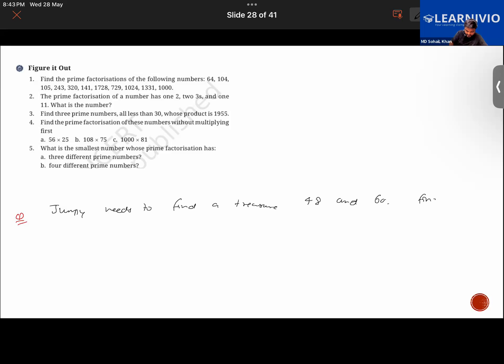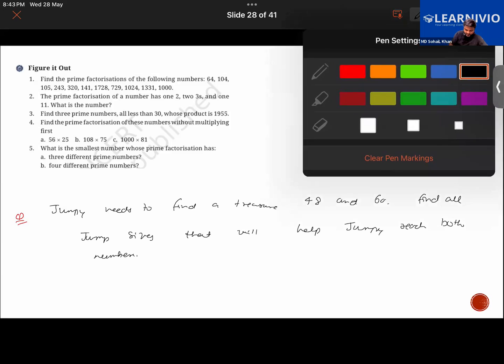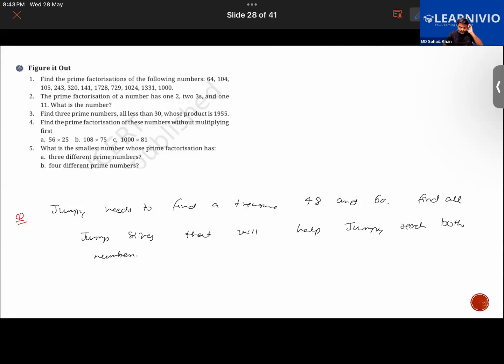Find all jump sizes that will help Jumpy reach both numbers. Okay, that's the question. You also pay attention to the given question here, Nafis. Jumpy needs to find a treasure of 48 and 60. Find all jump sizes that will help Jumpy reach both the numbers.